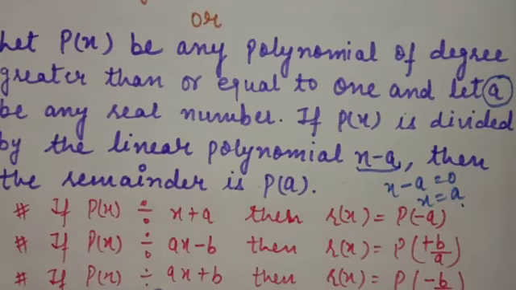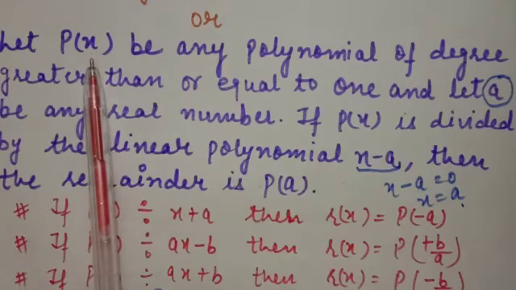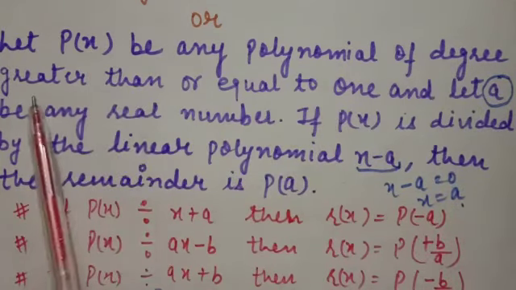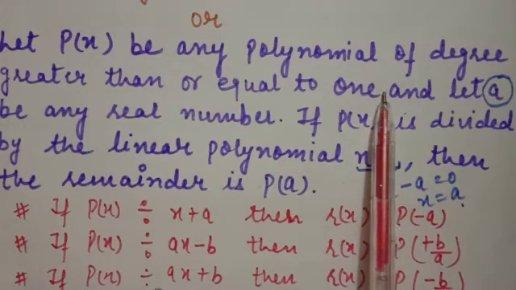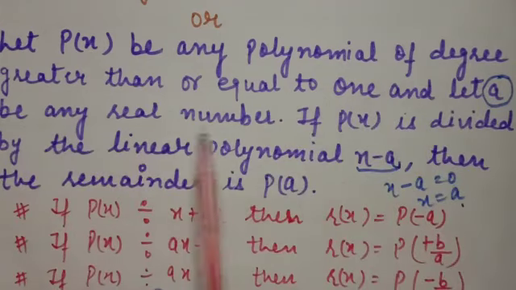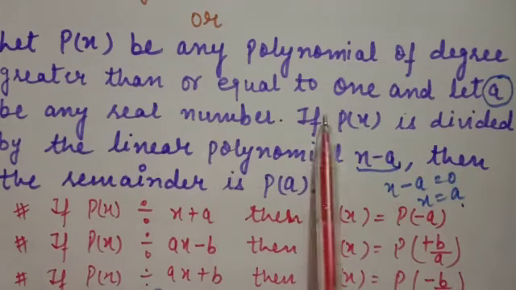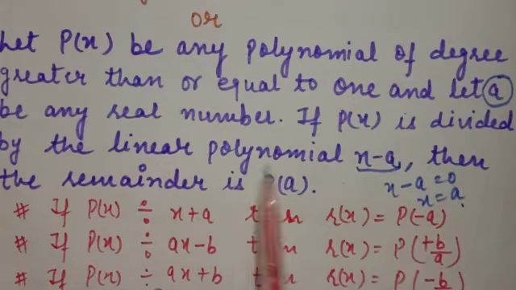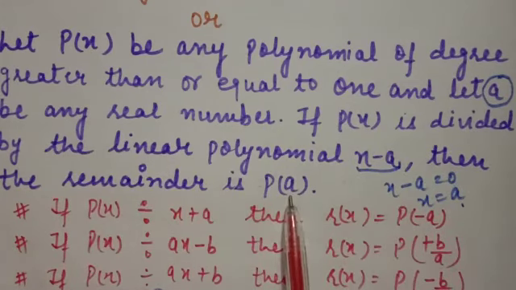So what is the definition of the remainder theorem now? Let p(x) be any polynomial of degree greater than or equal to 1 and let a be any real number. If p(x) is divided by the linear polynomial x minus a, then the remainder is p(a).